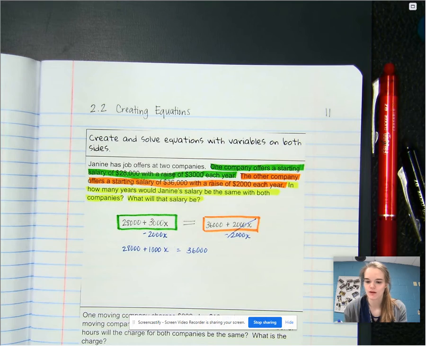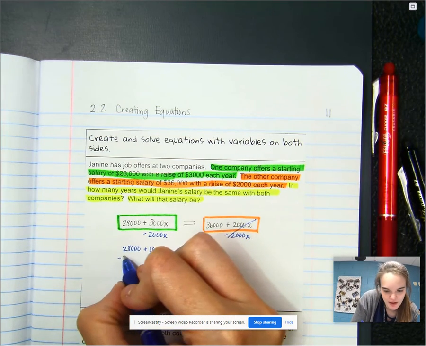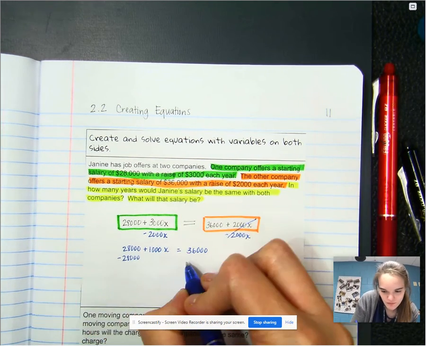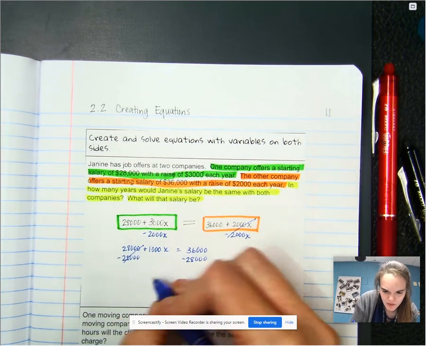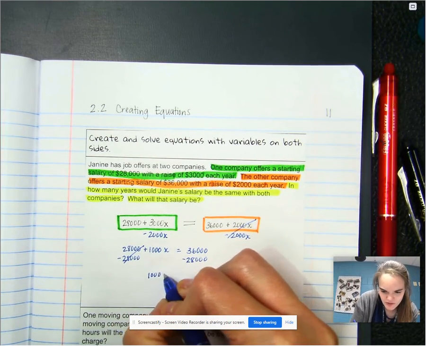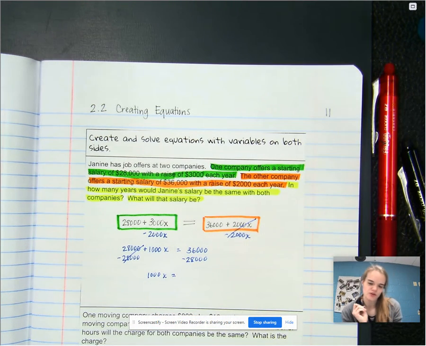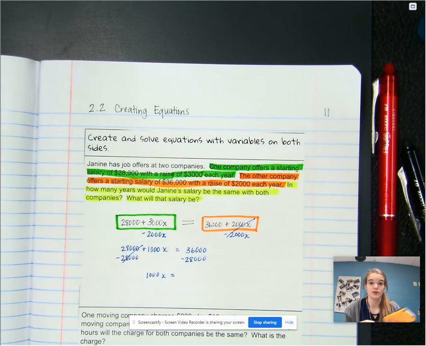Okay. Now I'm going to subtract 28,000. 1,000x equals 36,000 minus 28,000. I'm going to probably want to use a calculator just to make sure I get it, because I don't want to make a simple mistake. Sometimes I make simple mistakes more than anything.